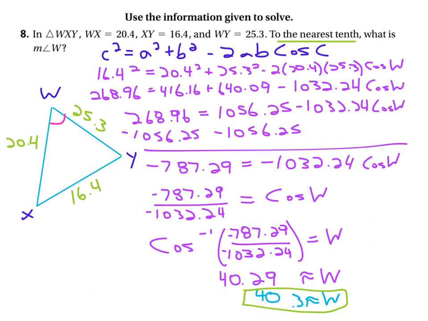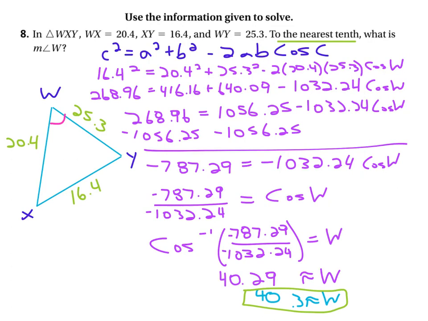Wow. Okay, so that seemed like a lot of huge calculations. So let's just really quickly review. You take this thing that you're going to get, which is c squared equals a squared plus b squared minus 2ab cosine c, and you're going to drop in all the numbers. How do you know where the numbers come from? Remember, this is where you are looking for an angle that you don't know.